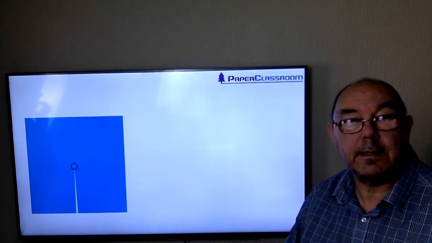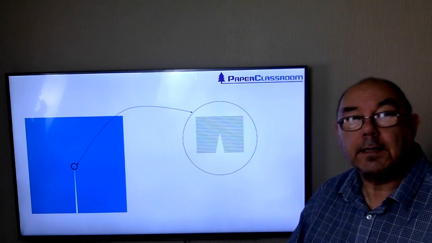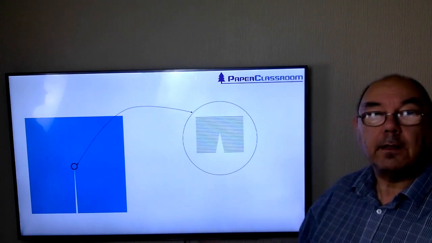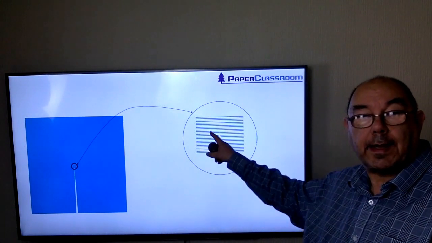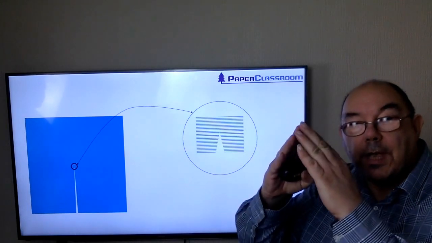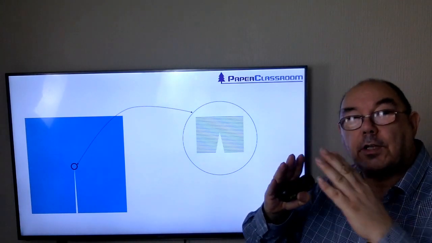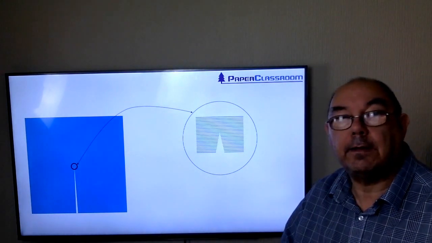Well, the answer is, let's just have a look at the end here first of all. This is what's actually going on. These lines represent the polymer chains, and this triangle is the crack. Because of the shape of that triangle, it's actually focusing all the energy.